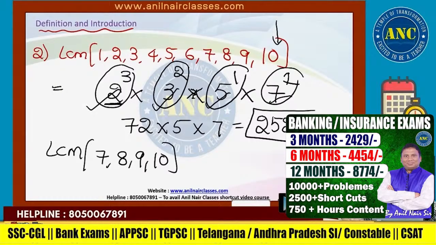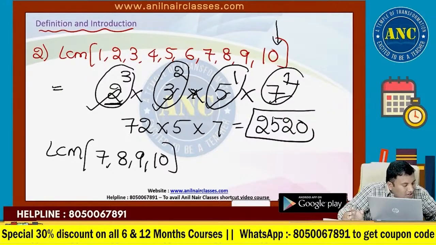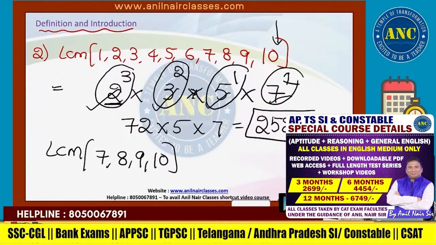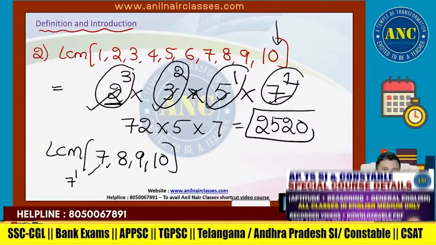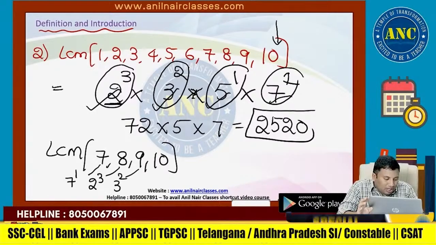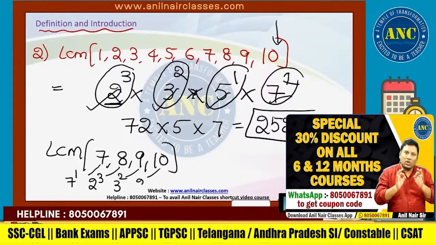The students who asked, whether it is Vikas, Vaishnavi, Nagavarshit and other students, now you will understand it. 7 is nothing but 7 power 1. 8 is nothing but 2 cube. 9 is nothing but 3 square. 10 is nothing but 2 into 5.